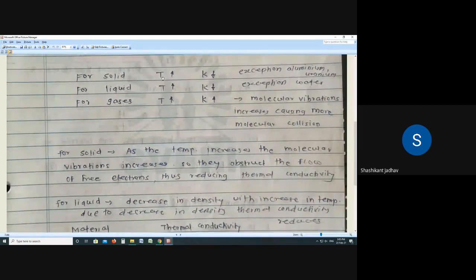What is the reason why thermal conductivity reduces if temperature increases?